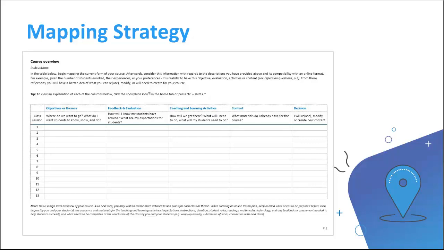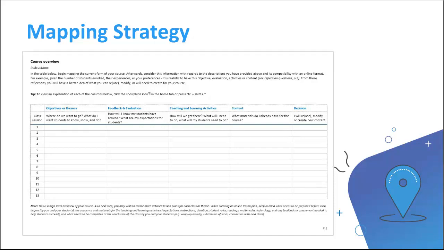And I know that it's not the easiest thing to do when you don't have experience creating an online course. So how am I supposed to know what I can keep or what I need to modify if I've never developed it? And that's why on this last page here, we have a couple of reflection questions to help guide you about whether or not the particular content, activities, or evaluations that you've identified would be well suited for the online environment.